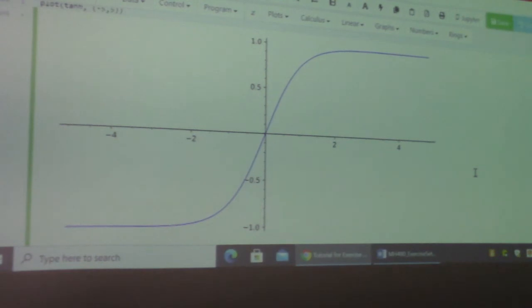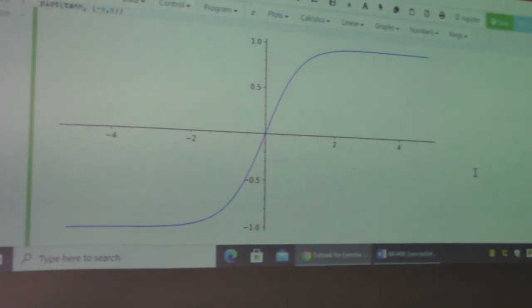So tanh kind of levels out to ±1. And that's easy to understand because if you look at the formula for it, it's e to the x minus e to the minus x over e to the x plus e to the minus x. As x goes to infinity, e to the minus x goes to 0, so you get e to the x over e to the x, which is 1.